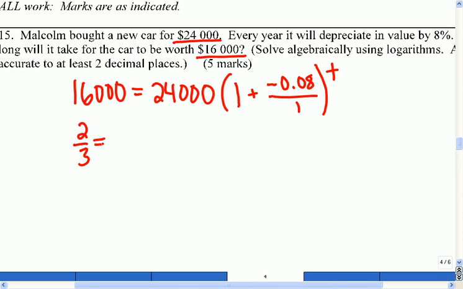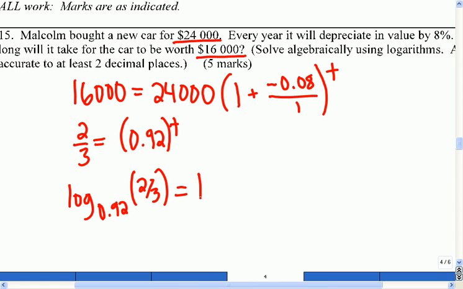If I tidy this up a little bit, this is the equation I have to solve. And since I'm looking for an exponent, I'll need to know what logarithm to use. The base is 0.92, so I'm going to use log base 0.92 of 2/3 is equal to t.